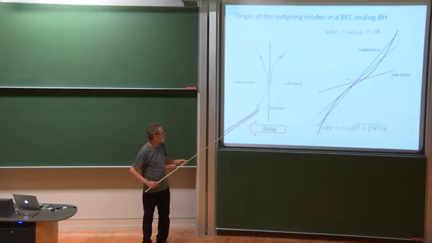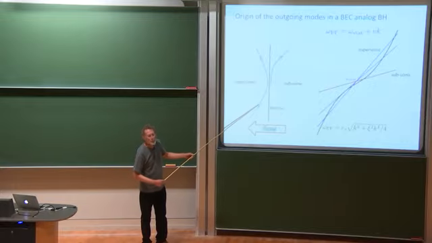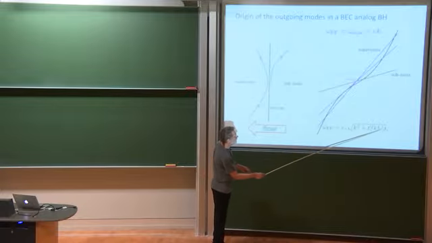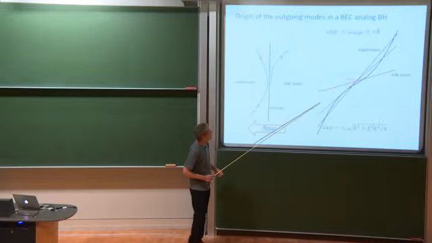So let's suppose we have an outgoing superluminal or supersonic mode that's heading for the horizon. Now I have to actually specify the dispersion relation: the square root of k squared plus k to the fourth term, times the speed of sound.